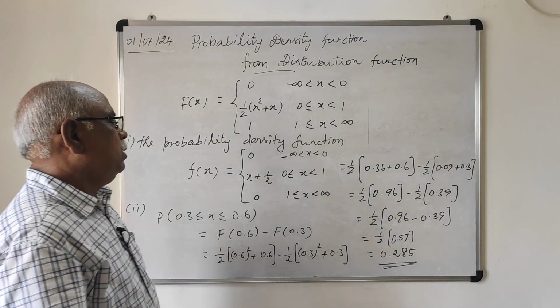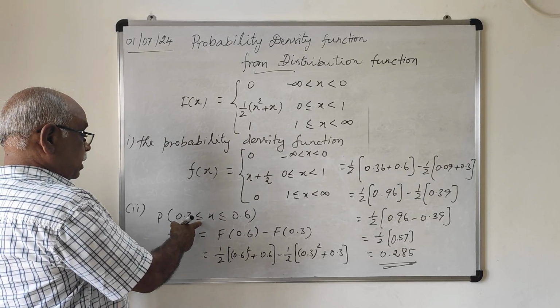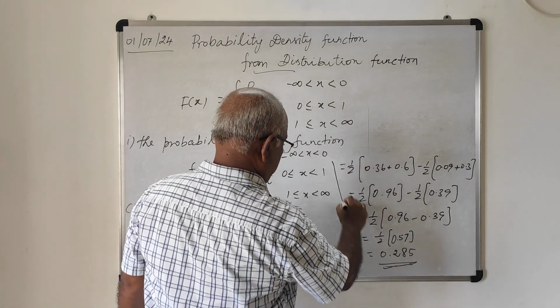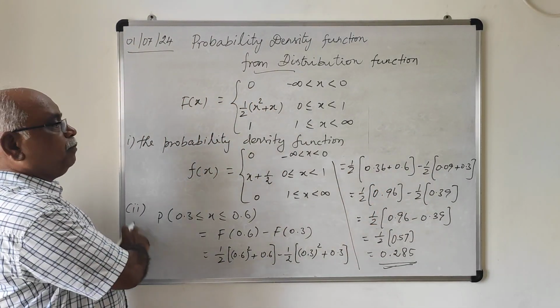So the probability of 0.3 less than or equal to x less than or equal to 0.6 is 0.285. That is our required answer for the second subdivision of the problem.